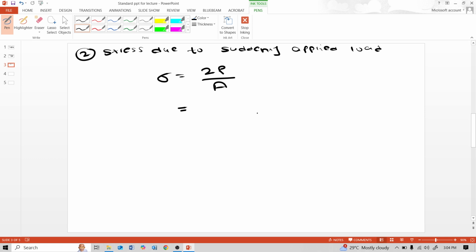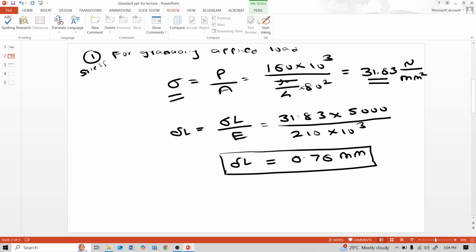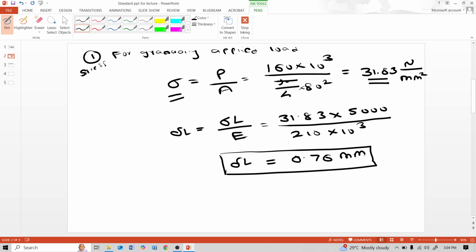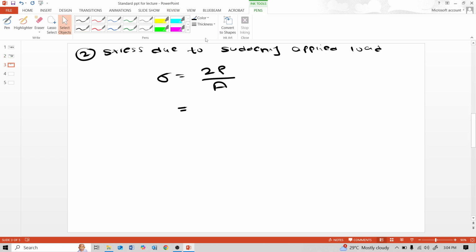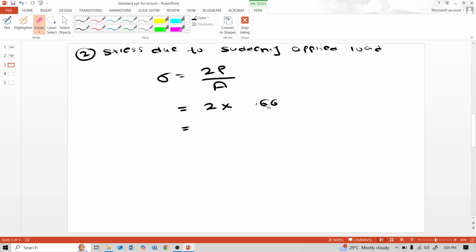So we don't need to calculate this, because this is just 2 times, that means 2 into 31.83, since the tensile load and area are the same. 2 into 31.83, with P by A being 31.83, is 63.66 Newton per mm square.